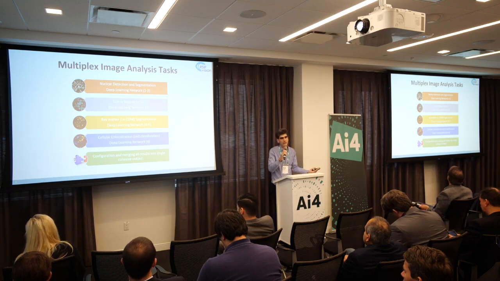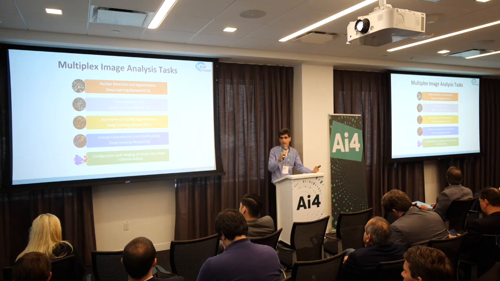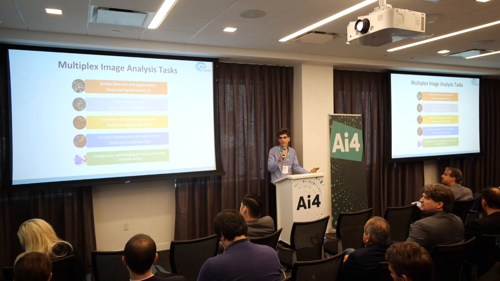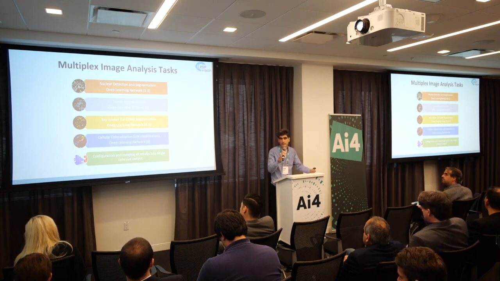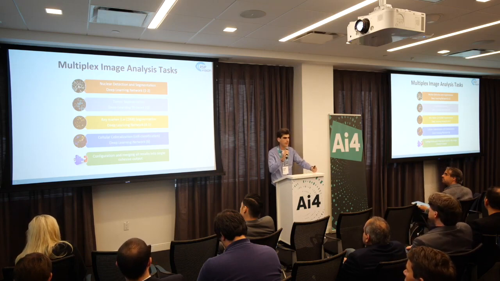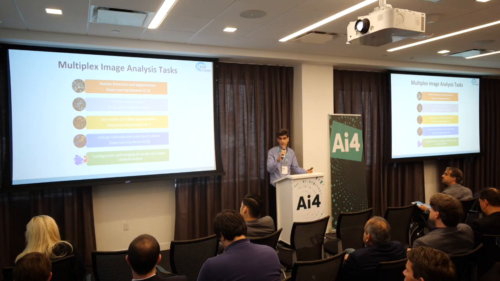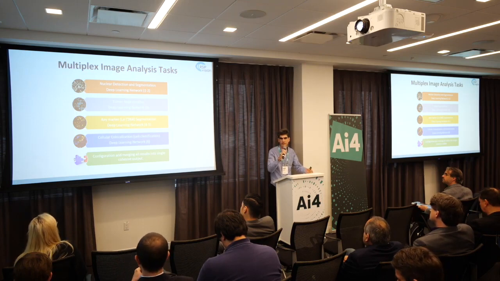And then, after you've found these objects in the image, in this case it's cells, you're looking to classify these objects in some way. In this case, for multiplex image analysis, it's called cellular colocalization. So we're looking at the response on different fluorescent channels and using that to classify the cells. But again, we want to do it in a more holistic manner.